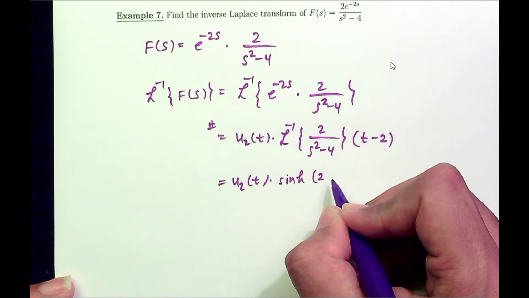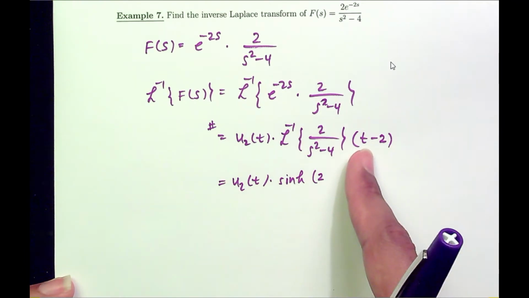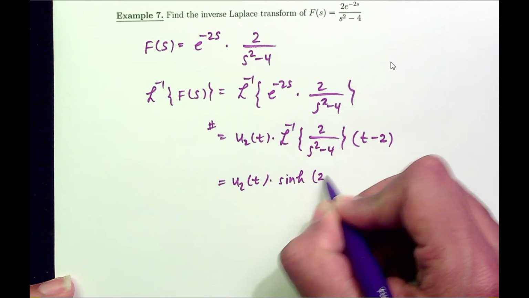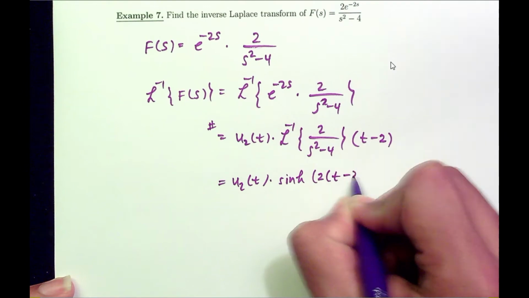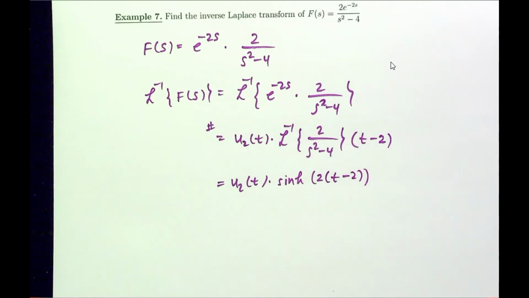However, it's not 2t because we're not plugging in at t, we're plugging in at t minus 2. So instead of 2t, it's actually 2 times (t minus 2). And that is the answer.